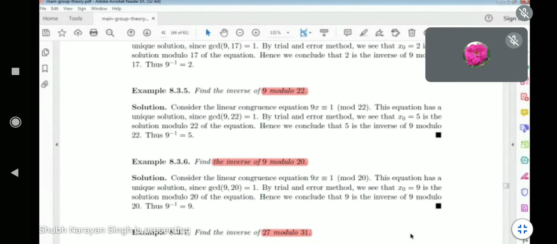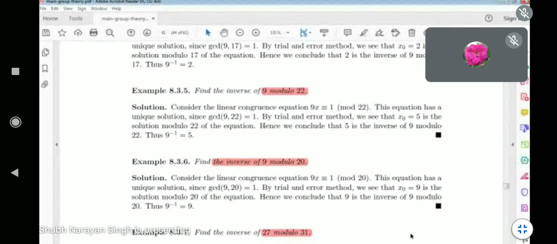That means now we have to go the formal way to find the solution of ax congruent to 1 mod 31. Now you solve your equation 27x congruent to 1 mod 31. Just convert that equation into a linear Diophantine equation and find the solution.